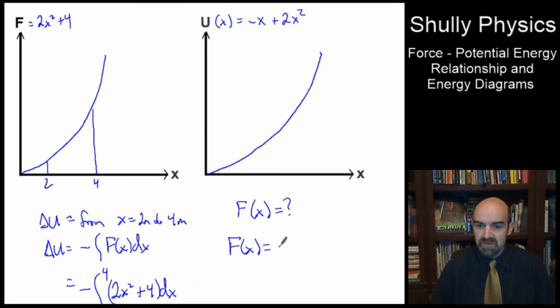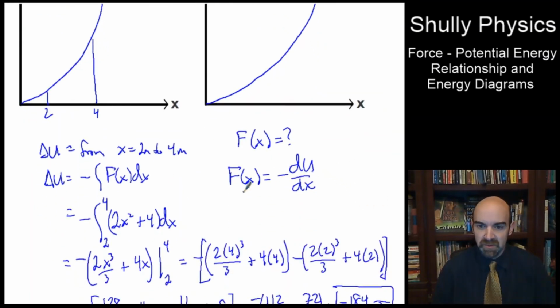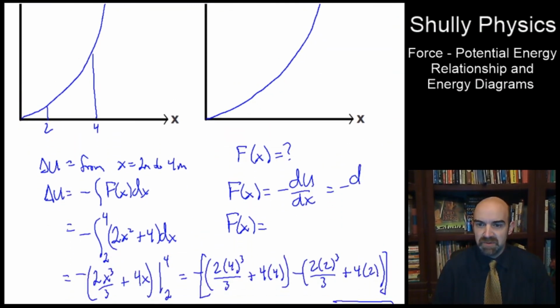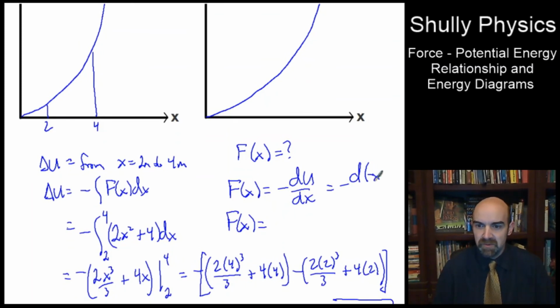Force function is negative dU dx, which is the negative slope, or the negative derivative. So let's go ahead and work that out. We're going to take negative d of negative x plus 2x squared, dx.